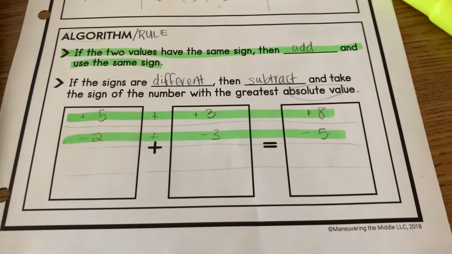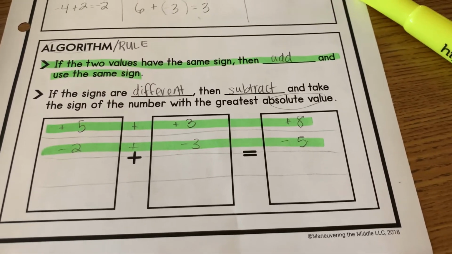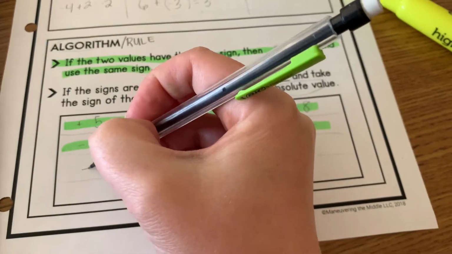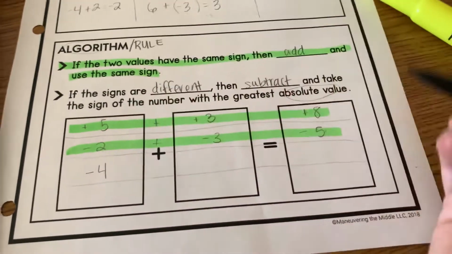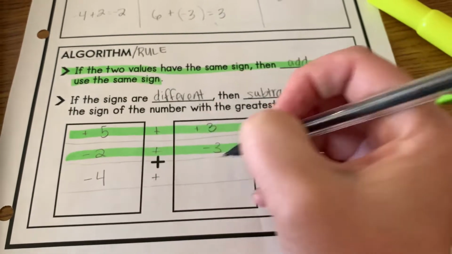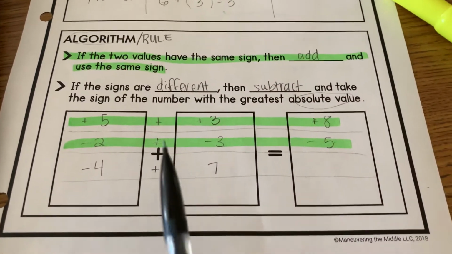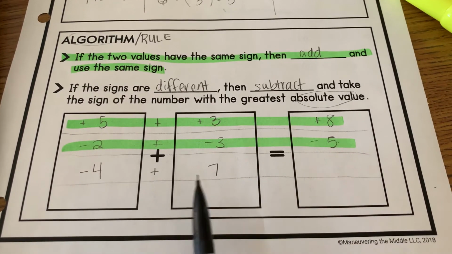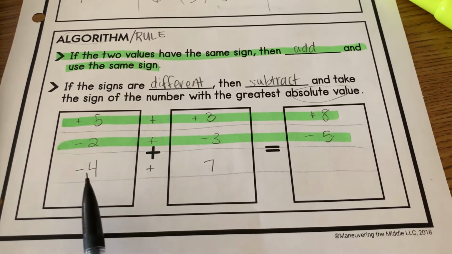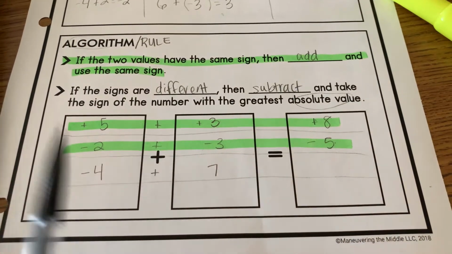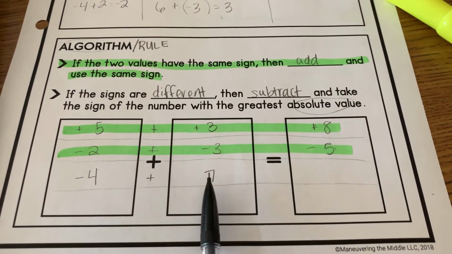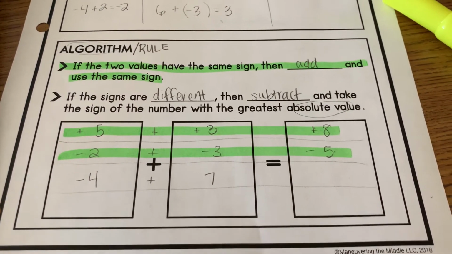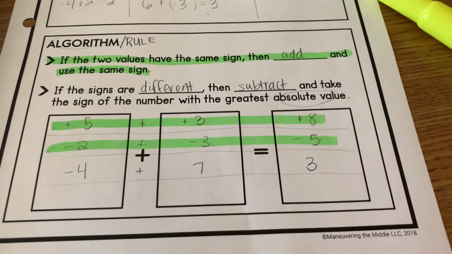All right, so let's do an example of this. Negative 4 plus positive 7. We already know these 2 numbers have different signs. This one's negative, this one's positive. So we're gonna subtract. Just ignore the negative for a second. 7 minus 4 is 3. So we're going to write 3 over here.